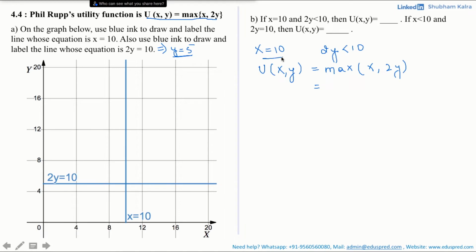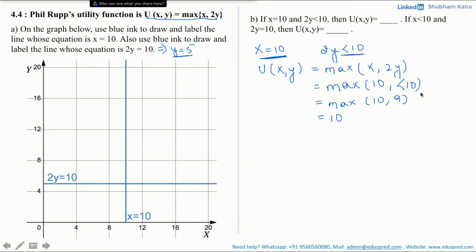Now x is taking the value of 10, so that would be max of 10 comma 2y, which is less than 10, so something less than 10. Now we have to choose the maximum out of the two. To better understand this, let's take a value less than 10. Suppose we take a value of 9, so that would be max of 10 comma 9, and the higher of the two is obviously 10.